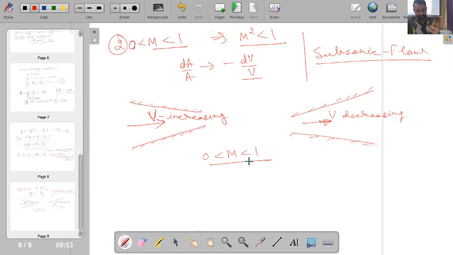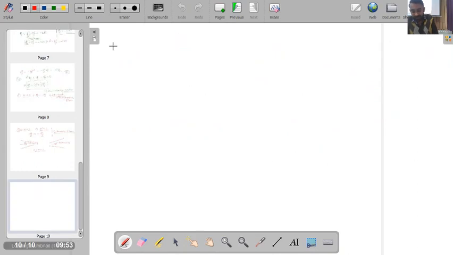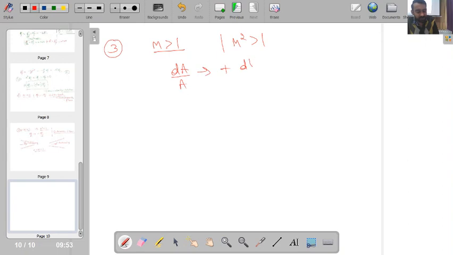Now let's take the third point, which is M greater than 1. If M is greater than 1, then M square will also be greater than 1, and dA by A will be equal to positive dV by V. So velocity and area will vary in a similar fashion.